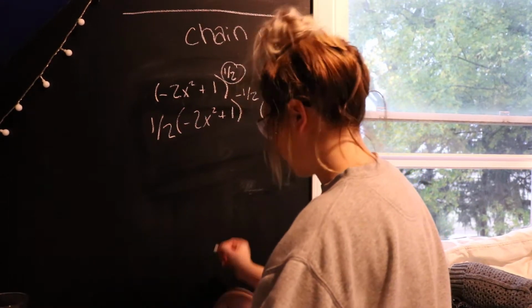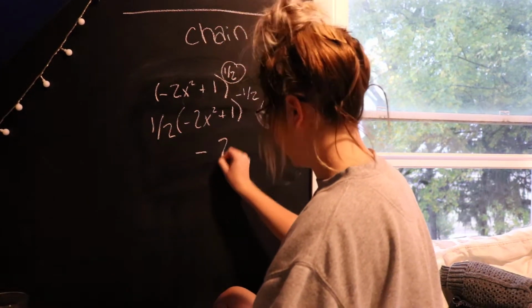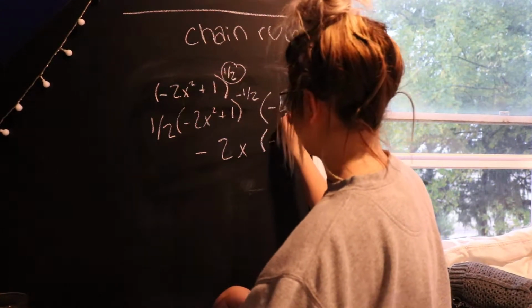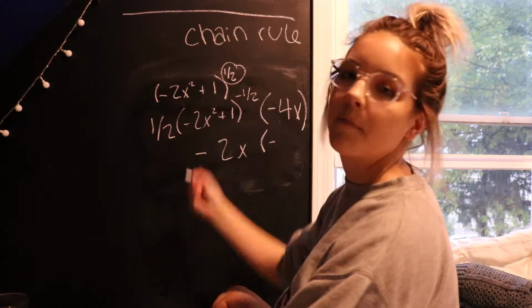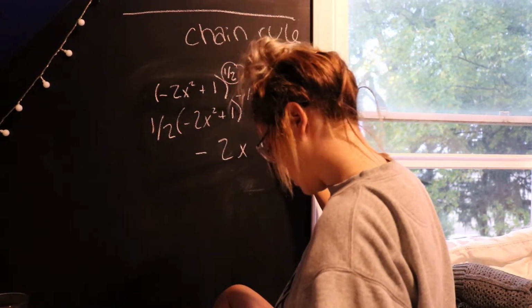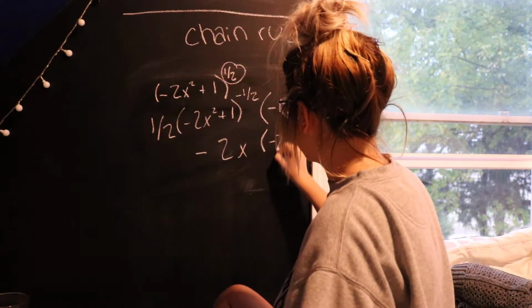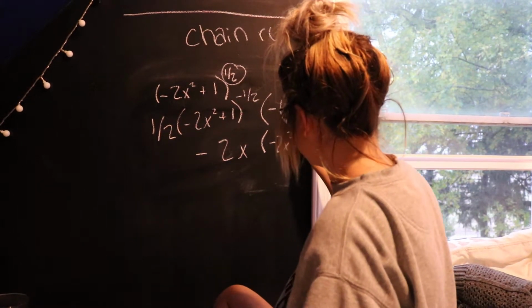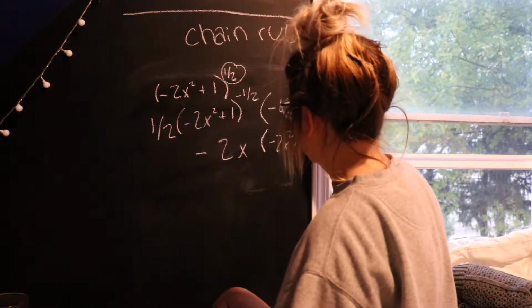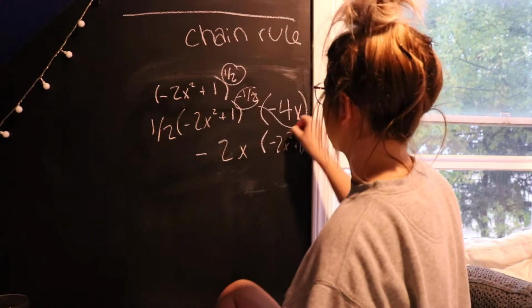So now we get, for the final answer, negative 2x times negative 2x squared plus 1 to the negative 1/2, because the negative 4 and the 1/2 make 2x. But you guys can see it there. I know you can't see it there.